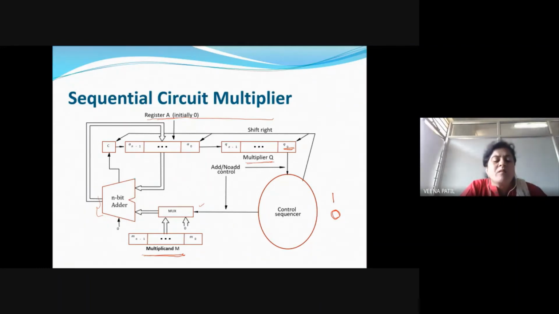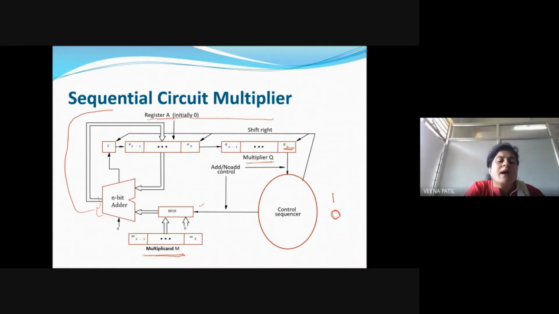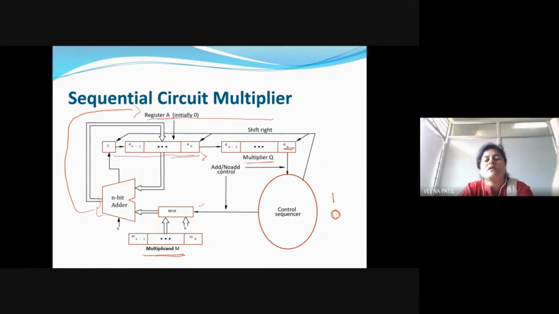Now each time the partial product is added, the result is stored back into registers A and Q, by shifting the bits, including the carry bit. We are going to shift C, A, Q. For every cycle, C, A, Q will be shifted to the right by 1 bit.